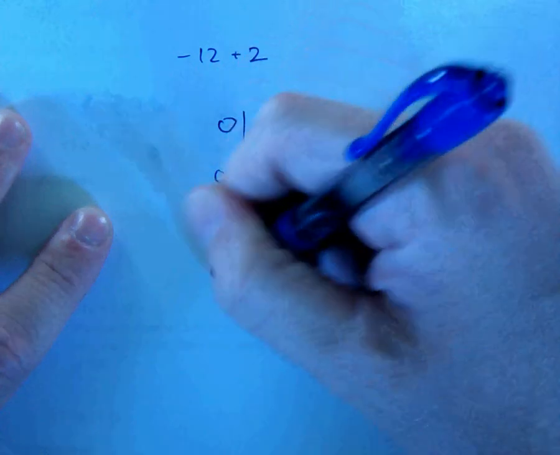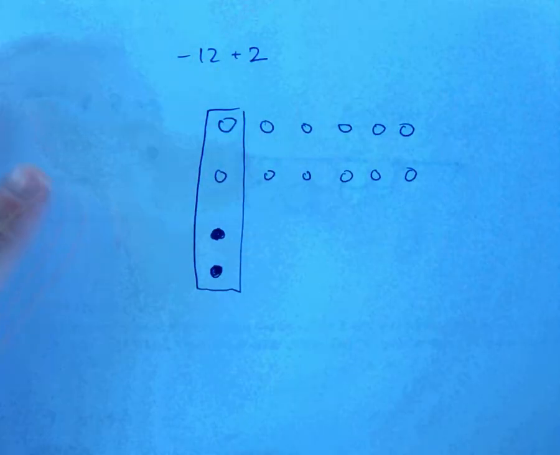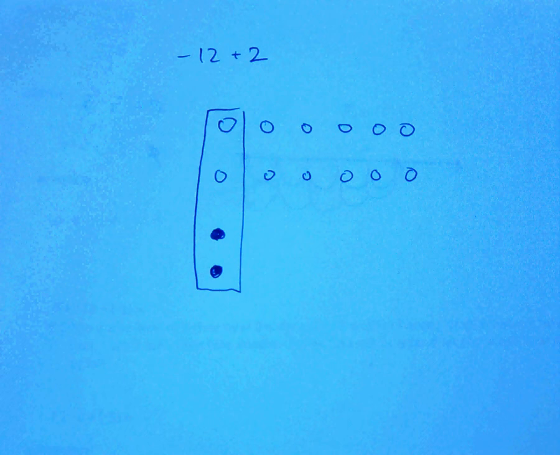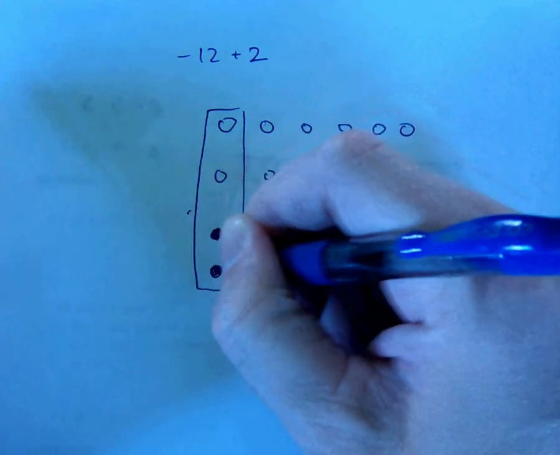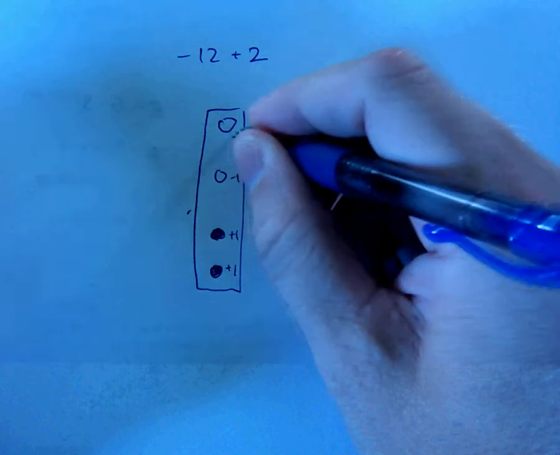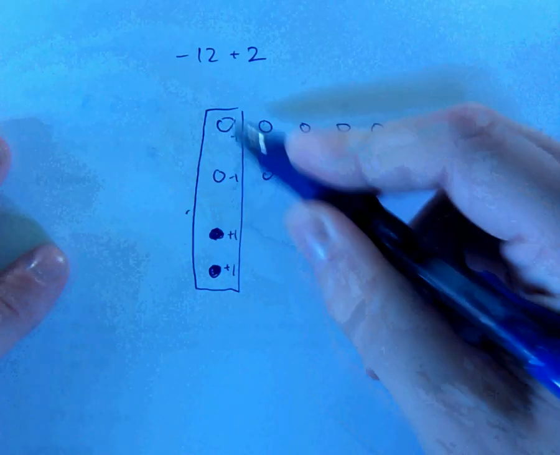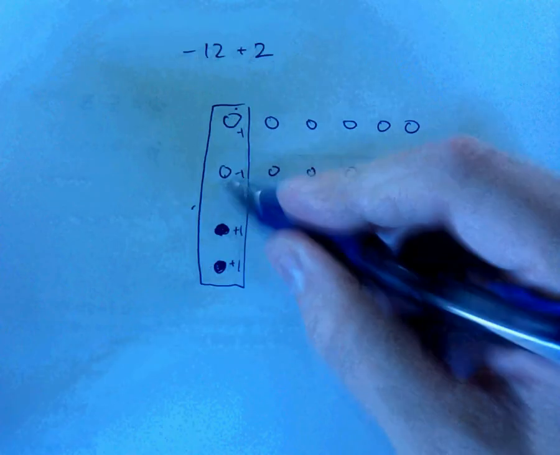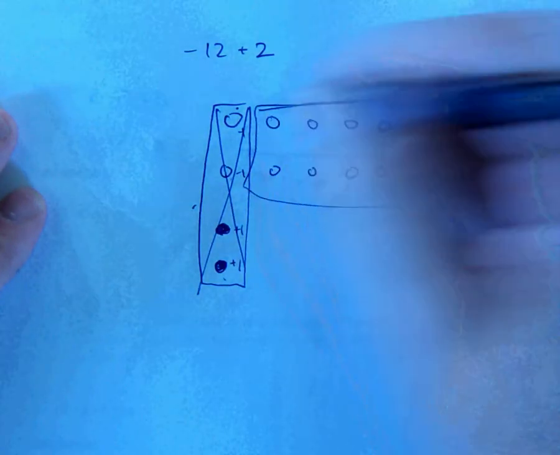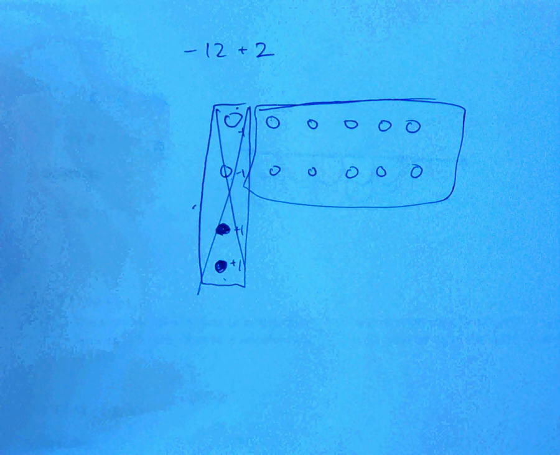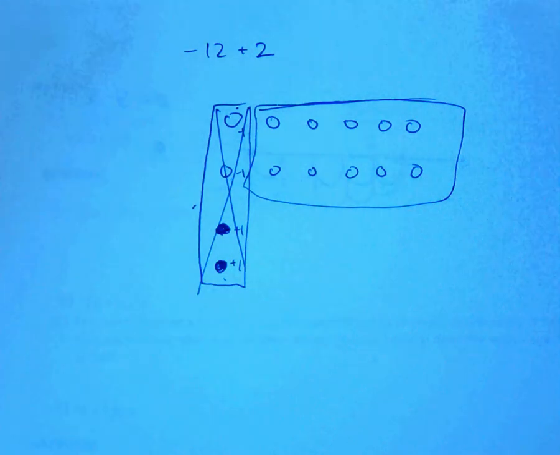When you combine a negative with a positive, it goes away. Basically, that's the same thing as plus 1 minus 1. So if I put this in here, they cancel out. If I put this in here, they cancel out. So that goes away, and I'm left with this over here, which is 10 negatives.